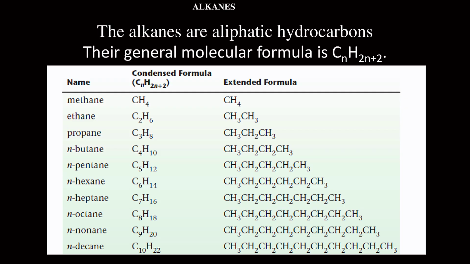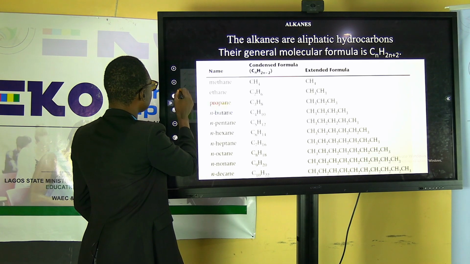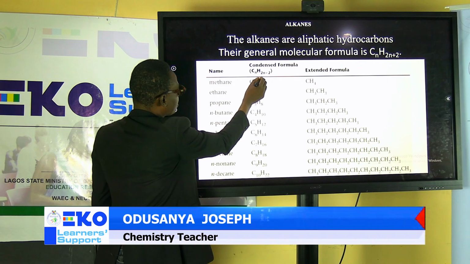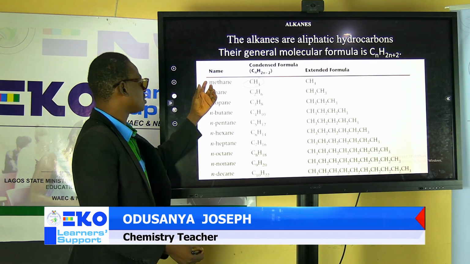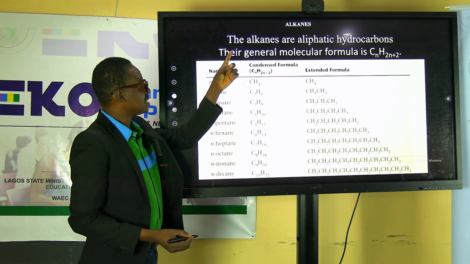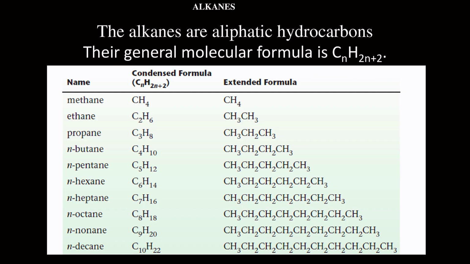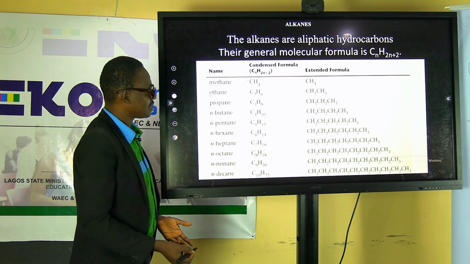Their chemical formula. You have CH4. So when you see something like this, it's CH4. So what's the name called? Methane. When the carbon is 2, under this family it is called what? Ethane. When it is 3, propane. When it is 4, butane.